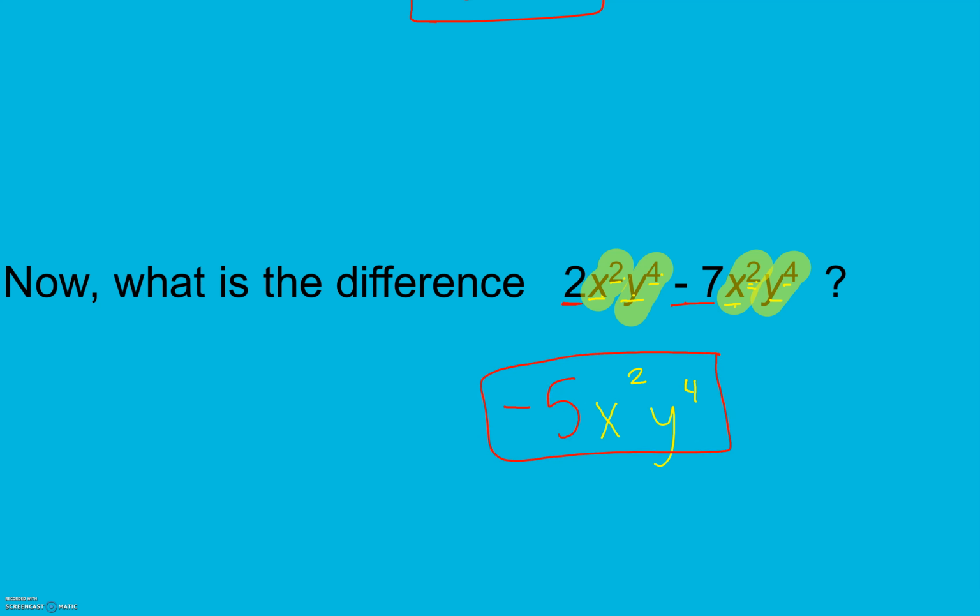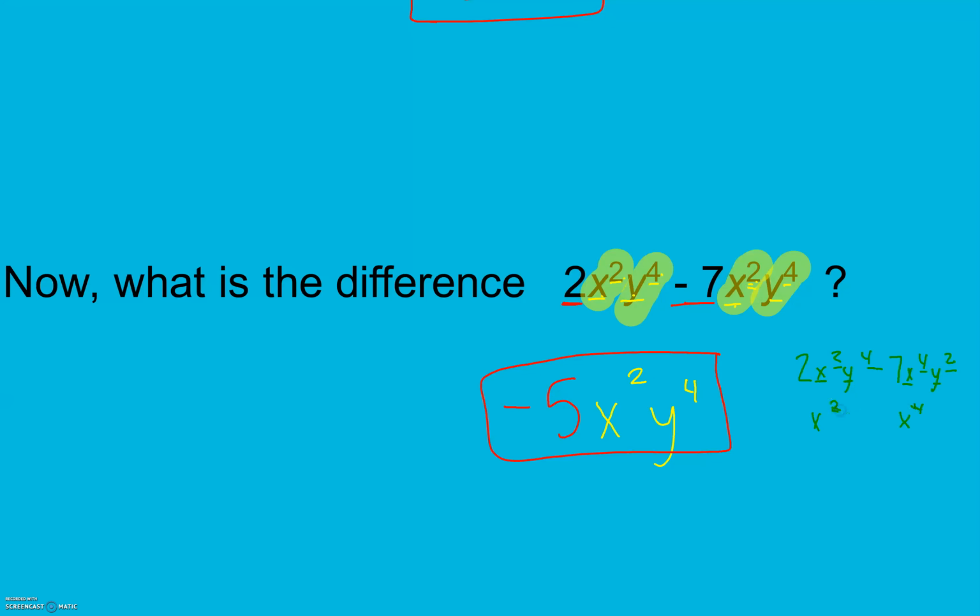Again, keep in mind they have to be exactly the same. If we would have had 2x squared y to the 4th minus 7x 4th y squared, we couldn't have combined them, because even though we have the same bases and the same exponents, they're not the same exponents with the base. So we need x squared, x to the 4th.